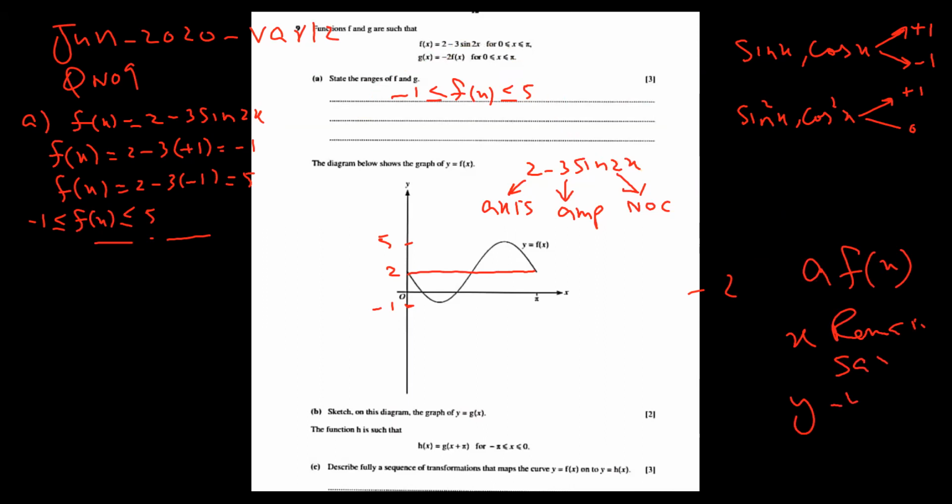So if I multiply 5 and -1 by -2, we get -10 here and +2 here. So now the lowest value is -10 for g of x, and the highest value we get is 2. So we got the range for g of x.